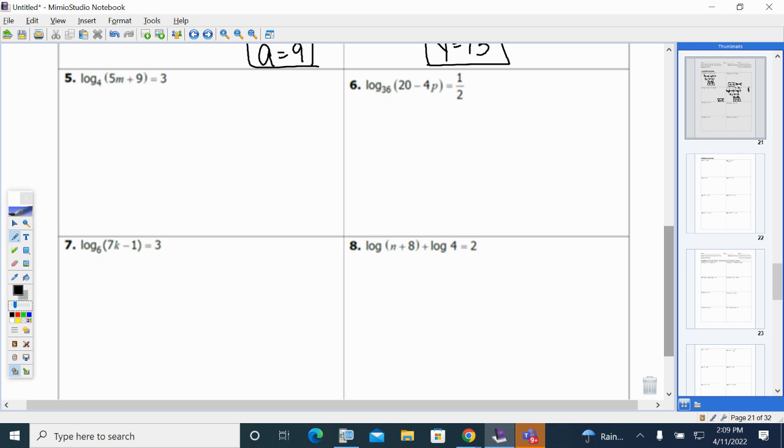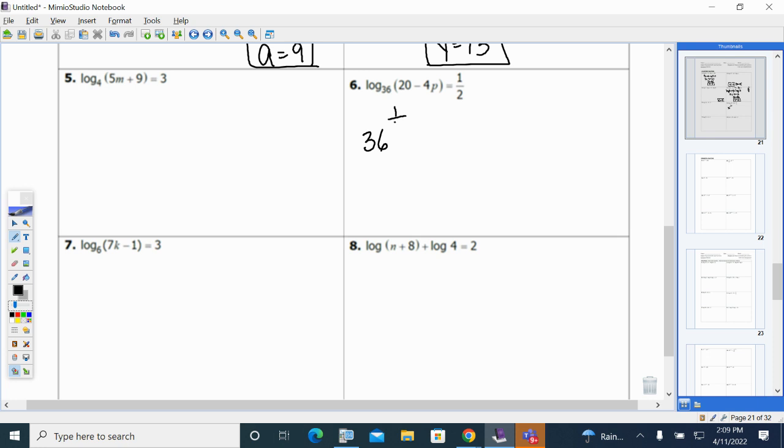Let's look at number 6. I've got log base 36 of 20 minus 4p is equal to 1/2. So this is ready for me to set it up in exponent form. The base of the log is the base of my exponent.